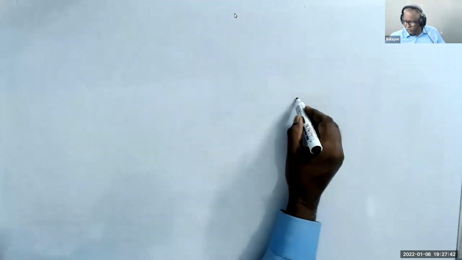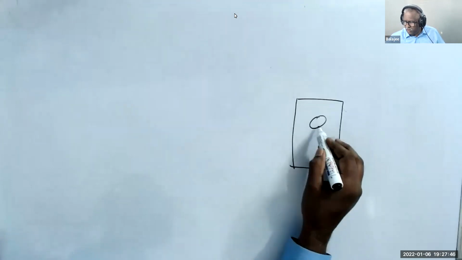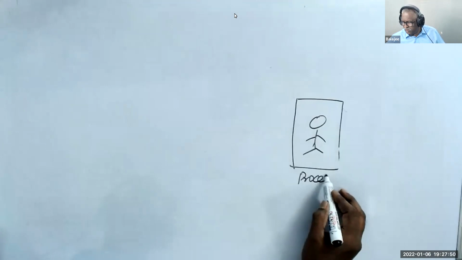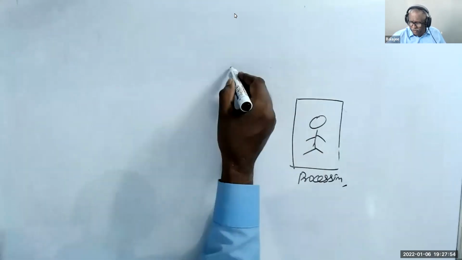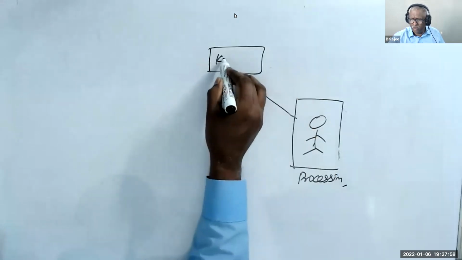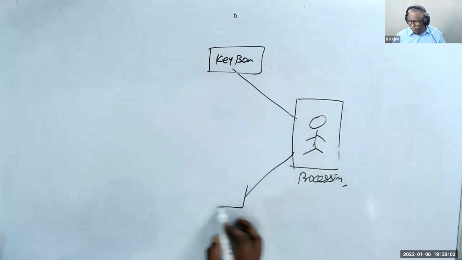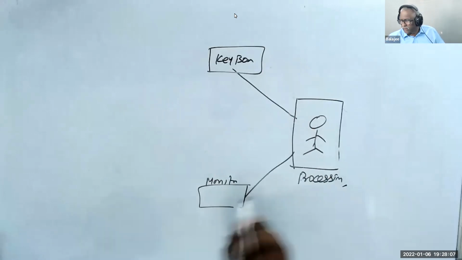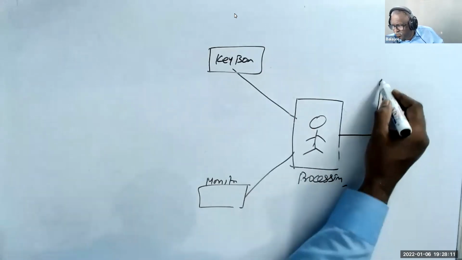So let us go like this, one by one. I have somebody who does the processing. Then I communicate with the processing unit using a keyboard, and he communicates with me using a monitor. And this processing unit has a small memory.